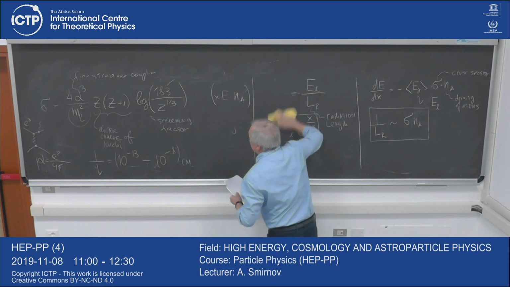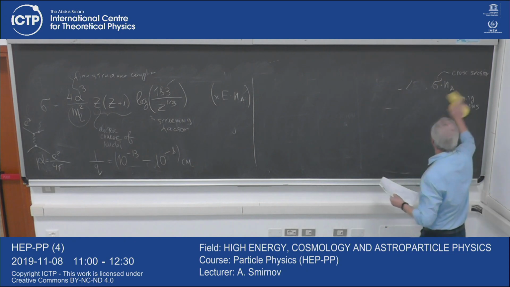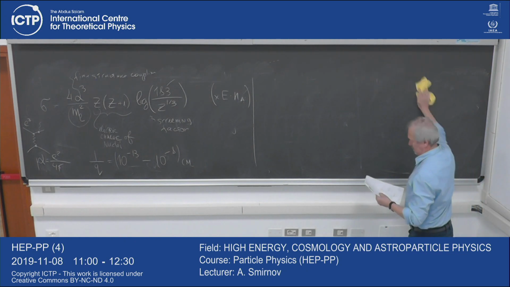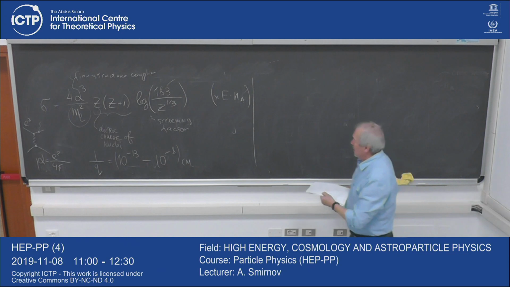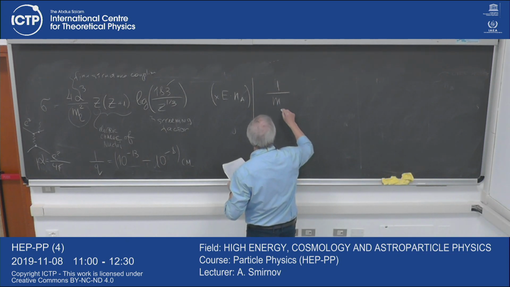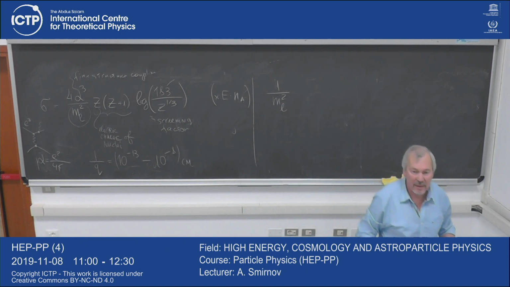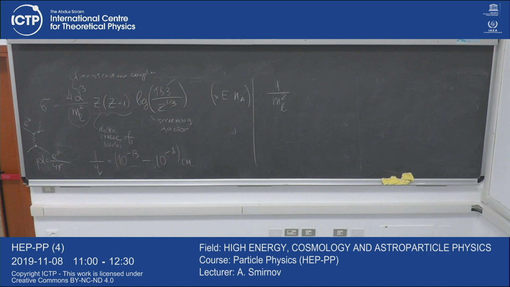So now let me explain the factors which appear in this formula. And the first I want to explain is 1 over the mass of this incoming particle. Again, the lighter the particle, the more efficient is radiation. And it has a very clear classical analogy.